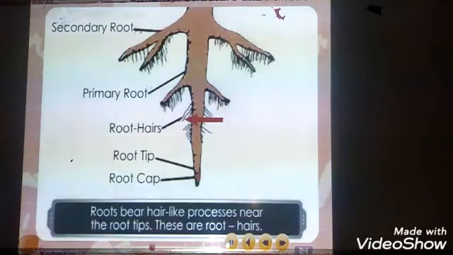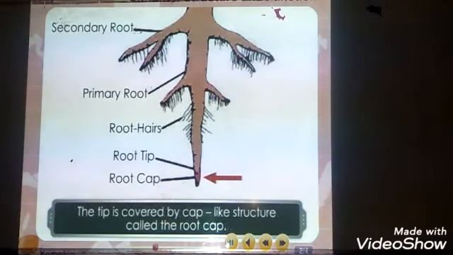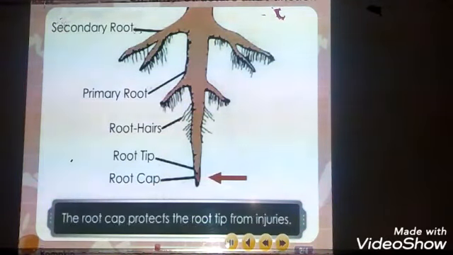These are root hairs. The root tip is delicate. This is the region of the growth of the root. The tip is covered by a cap-like structure called the root cap. The root cap protects the root tip from injuries.